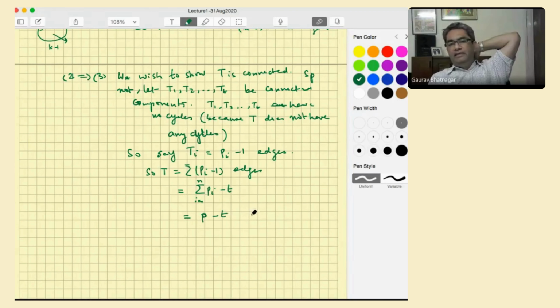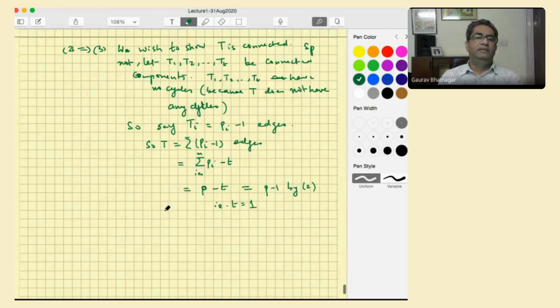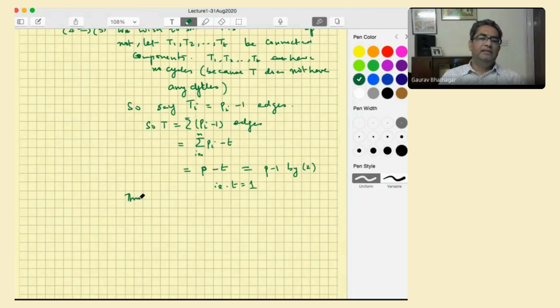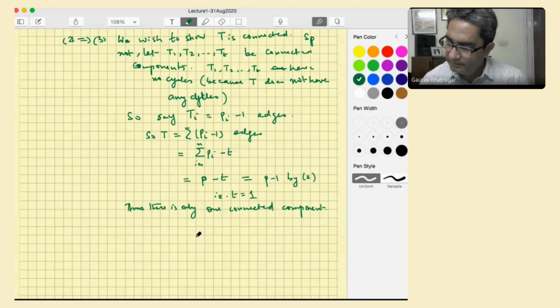So it has P minus T edges, which should be equal to P minus 1 by part 2. So T is equal to 1. Thus, there is only one connected component. And we're done. Is that clear?